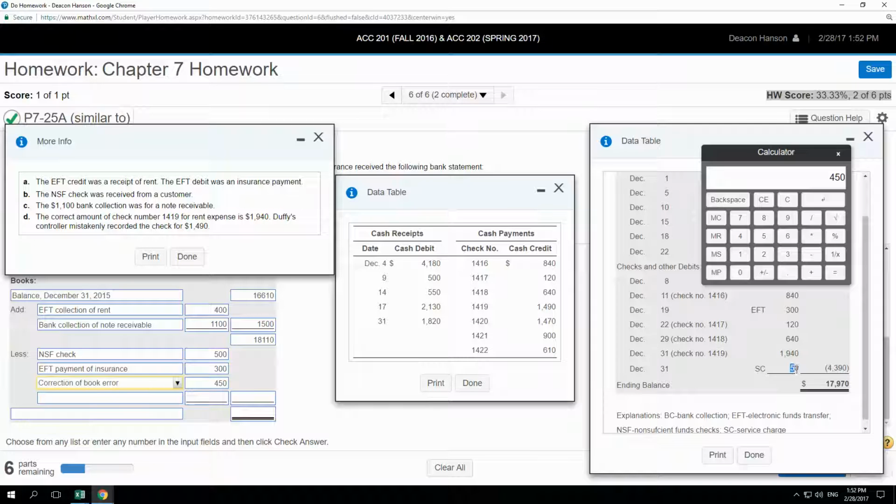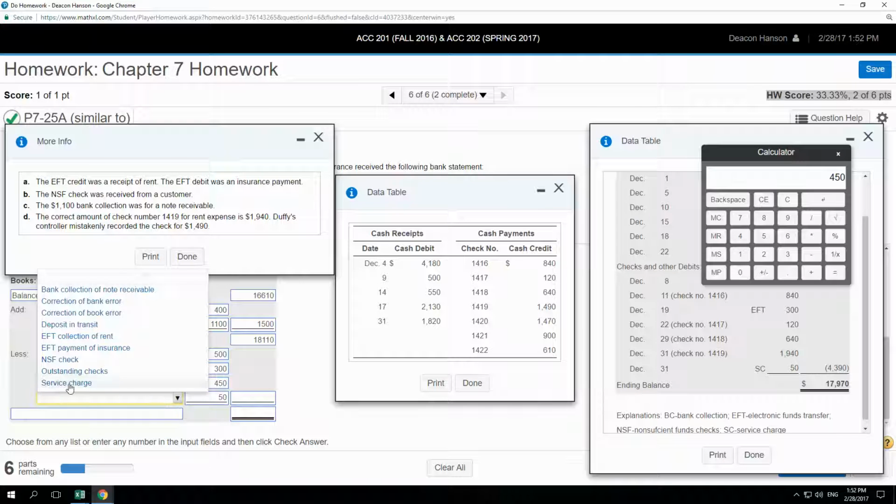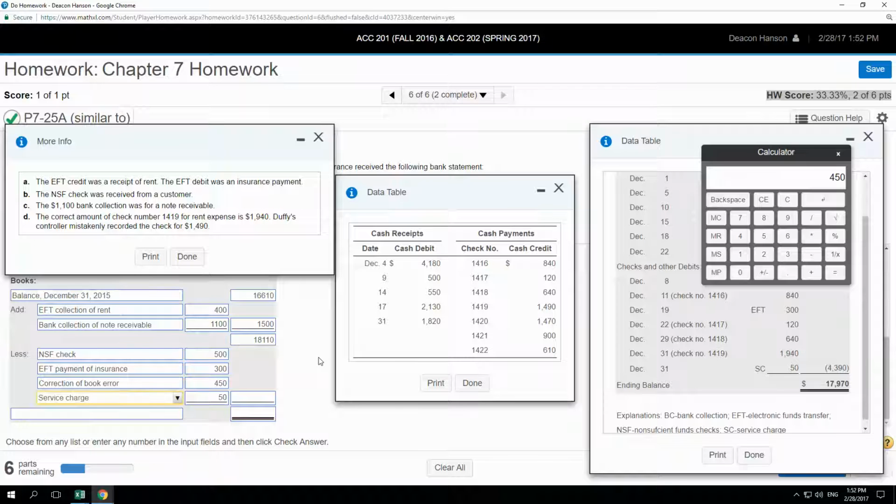Okay, I got a $50 service charge. That's not showing on my books, so we have $50 more that we have to subtract. Let's just make sure it was a service charge. Nothing else in the additional information, so I am assuming SC is service charge.